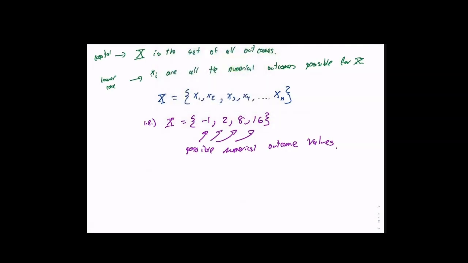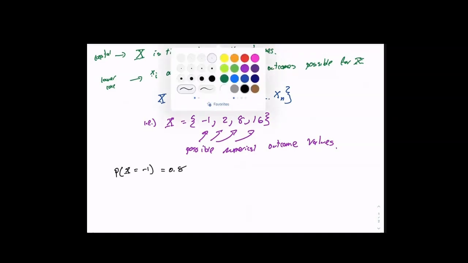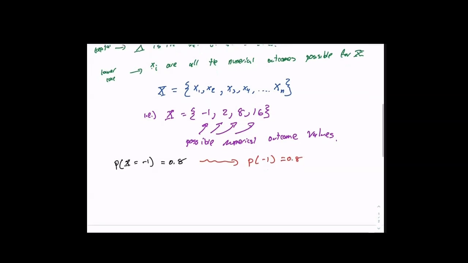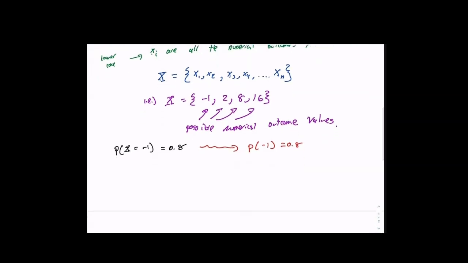Now, if I ask, what is the probability that X equals -1, we might say 0.8. Typically you won't see it this way. You'll see the probability of -1 equals 0.8. What that means is that the outcome is X, but we would notate it as P of -1.